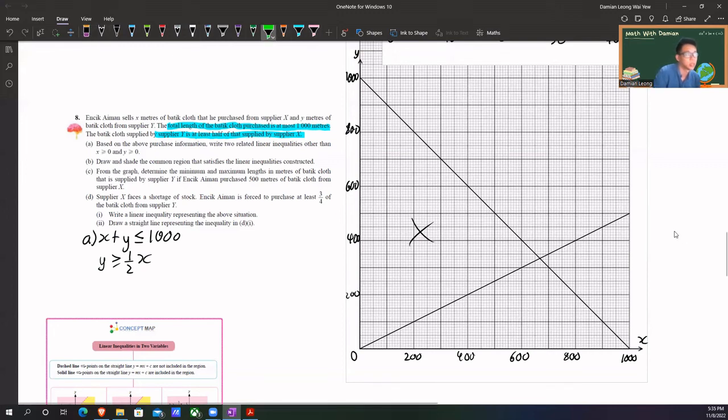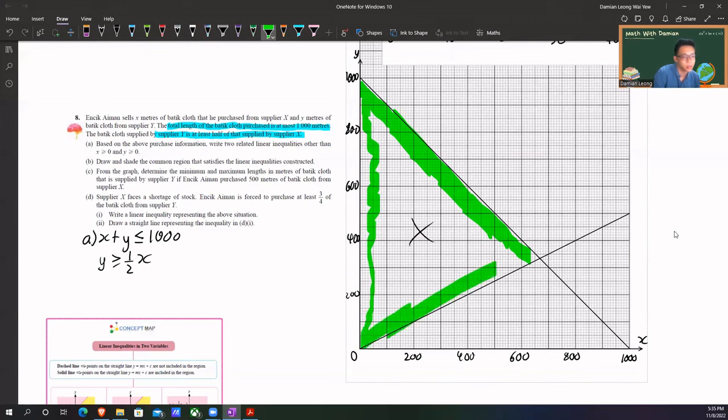So it's definitely this shaded region, this triangle here. Just shade this whole part.